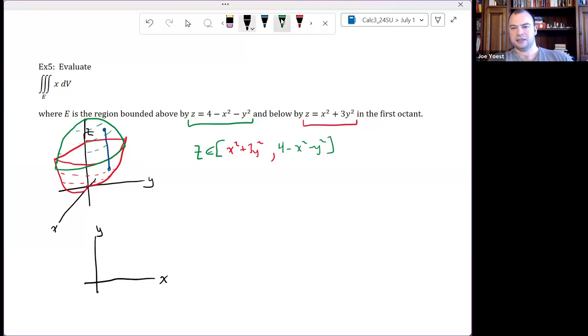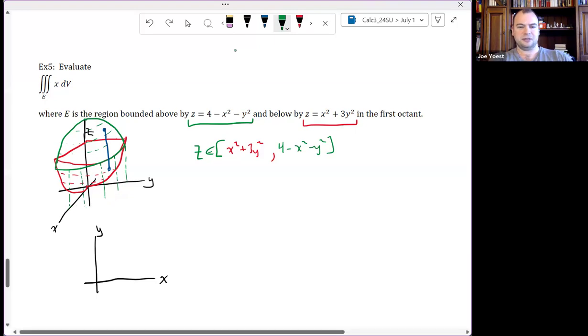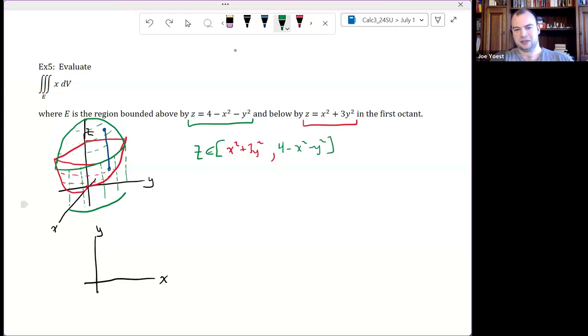If I project this curve of intersection down to the xy plane, it's going to give me some curve. The curve isn't going to be some crazy curve. It should be something that looks like a circle or an ellipse, I would think.